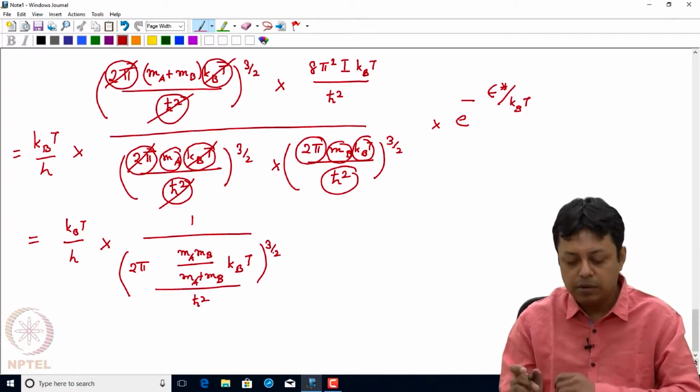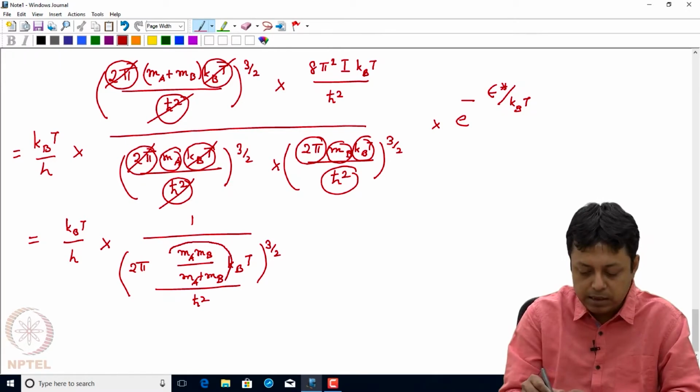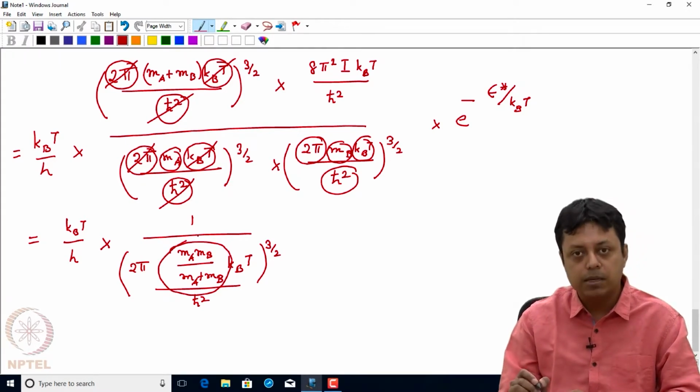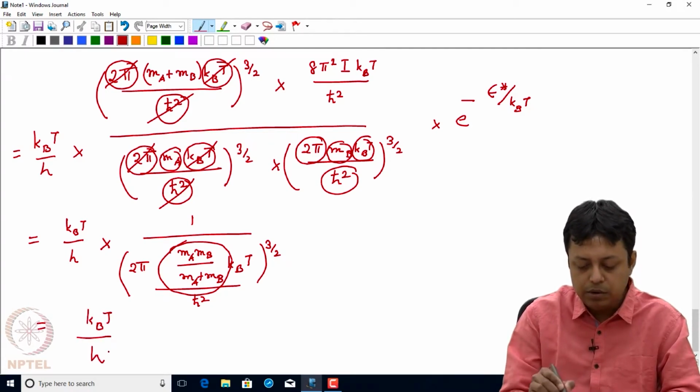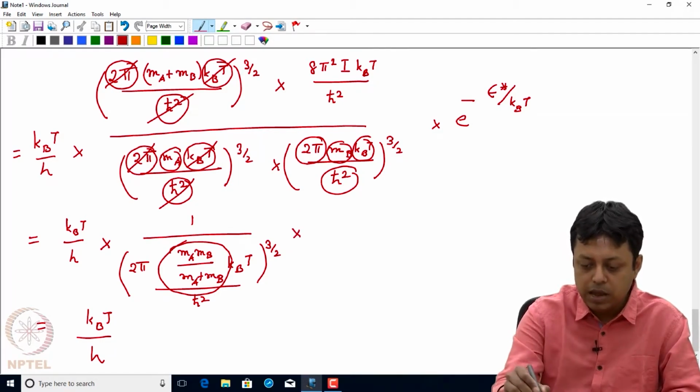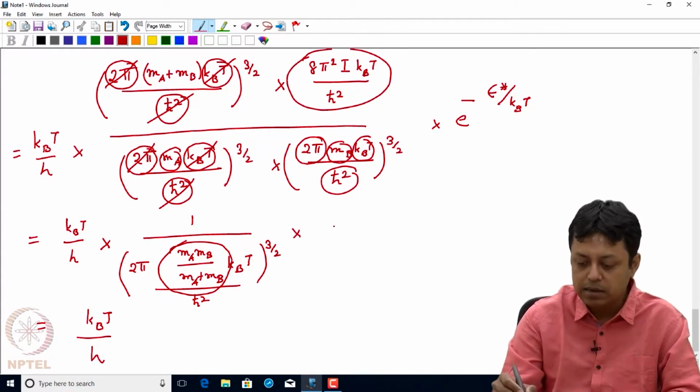So that is the 3 by 2 terms. Now you can see that this entire thing is nothing but the reduced mass of the system. So in the next line I will just replace it by the reduced mass mu. Before we go there, I also have the rotational partition function, as you can see here.